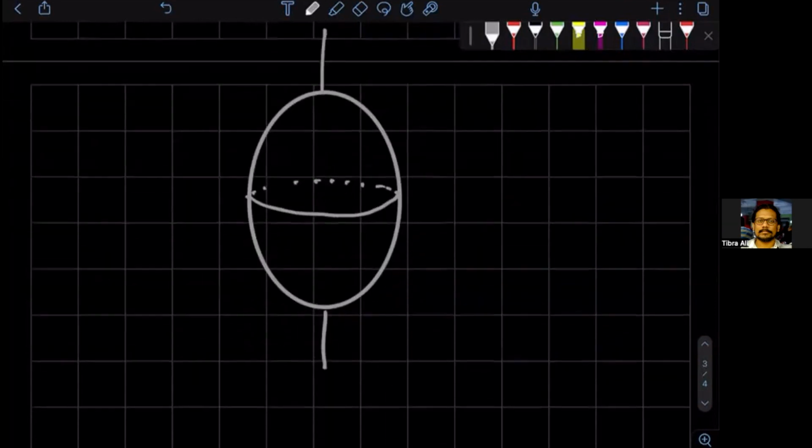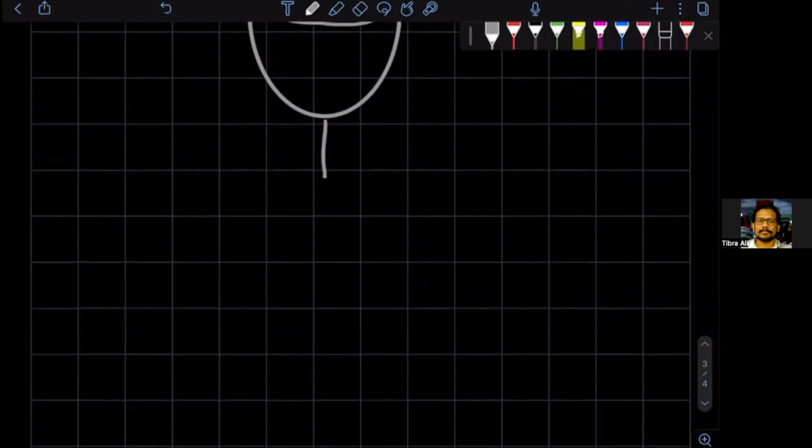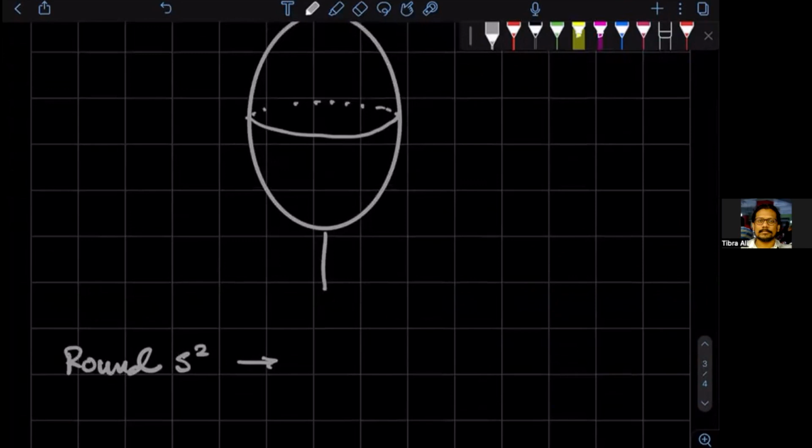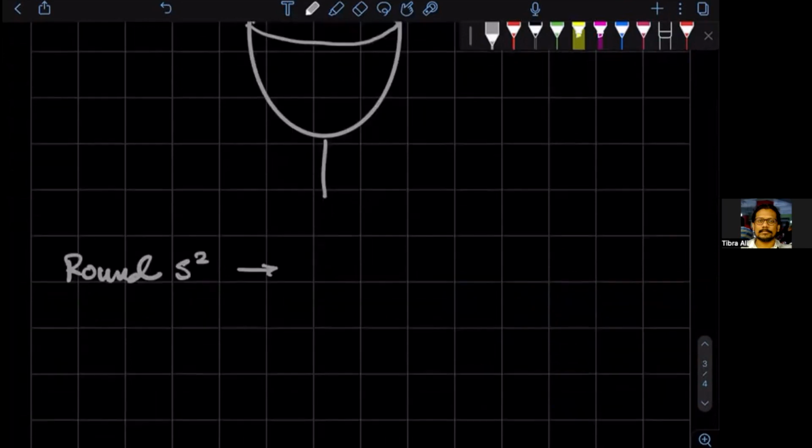So essentially that means that the round sphere S2, when we say the round sphere, what we mean is the sphere with a given metric, a given way of measuring distance, is invariant under all the rotations. So the SO3, which is the group of rotations in 3 dimensions, is the symmetry group of the round sphere.